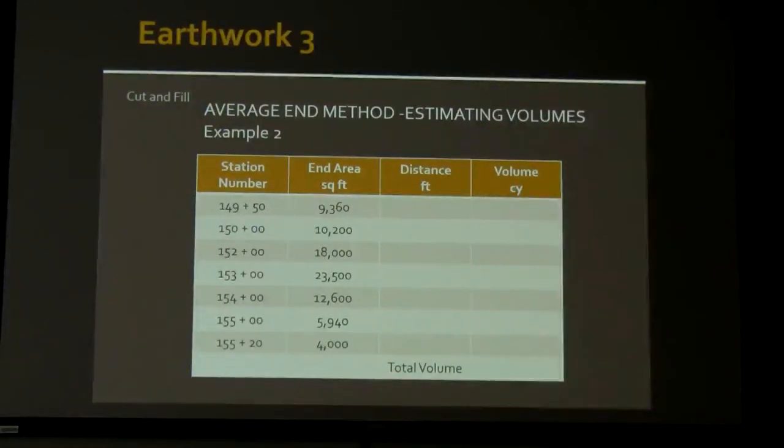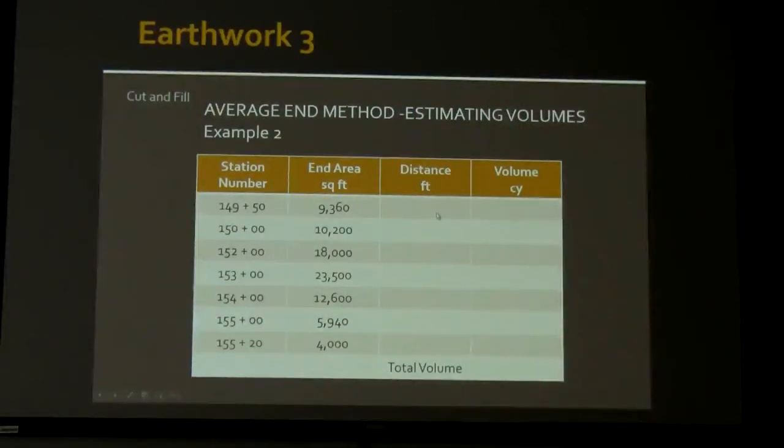Then the average between 23,500 and 12,600, and so on. So we couldn't use the formula we saw earlier, L divided by 27 times A1 over 2 plus A2 plus A3 and so forth until we get to AN over 2. We couldn't use that formula because our L's are not the same.